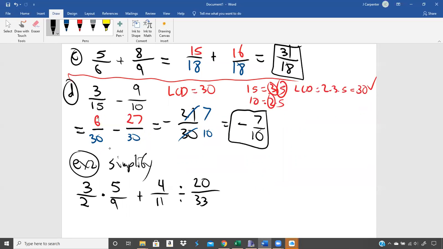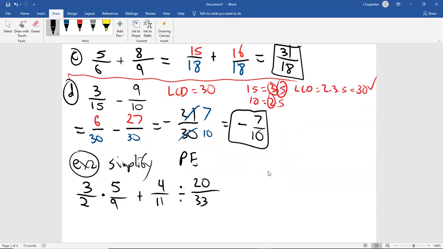There we go. PEMDAS. How many steps? 1, 2, 3, 4 steps.